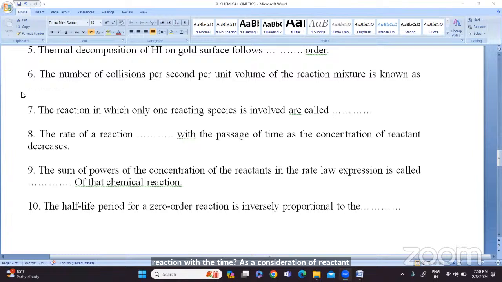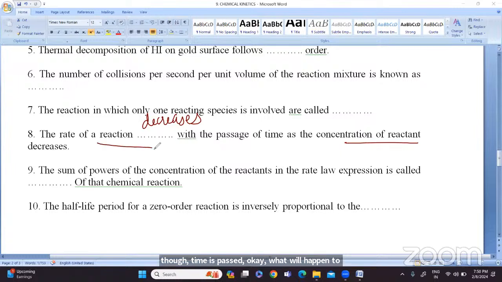The rate of reaction also decreases. As time passes, what will happen to concentration? Concentration decreases. Okay, the rate of reaction also decreases. Fine.